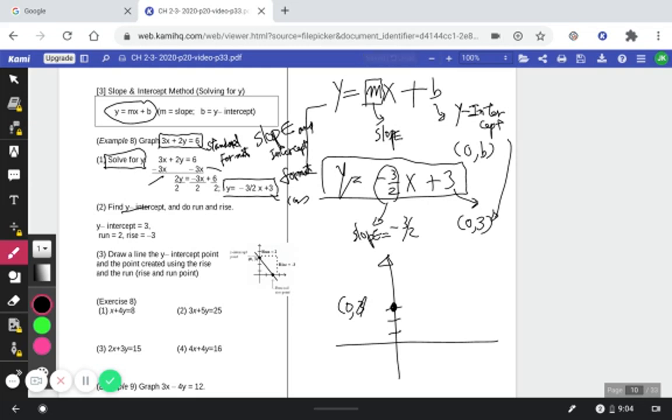Okay, so when you have a slope, the one on the bottom we call run, which is the x value. So you run from here to the position as the x value.